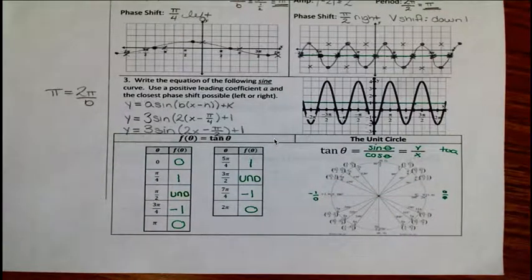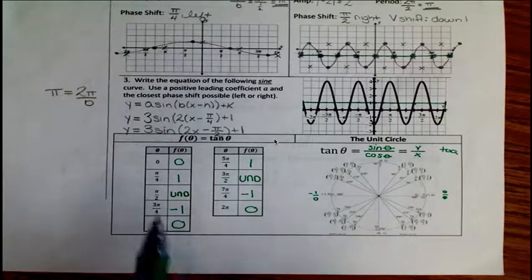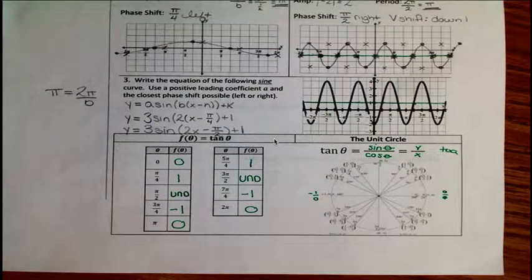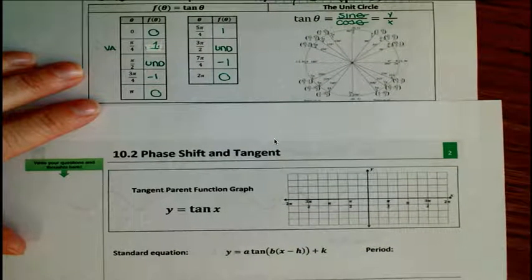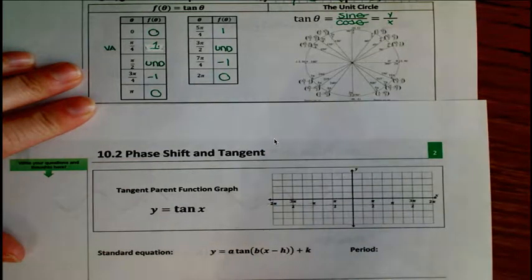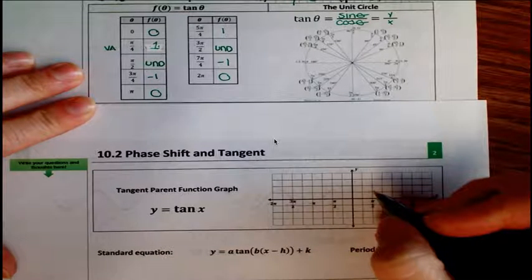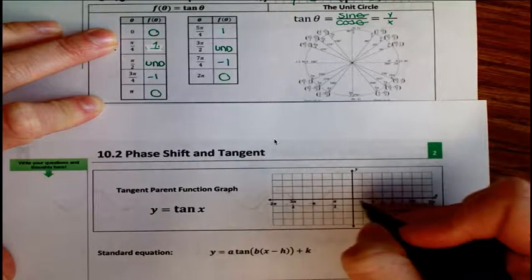And I went through the process of completing this table so that now we can graph our tangent function on the back side. I'm going to keep a copy of this right here so we can look back at it. So now we're going to transfer these points onto our tangent graph. Let's begin. At 0, it is 0.